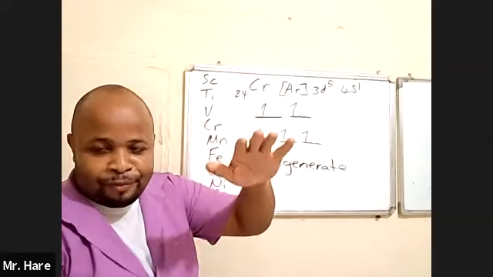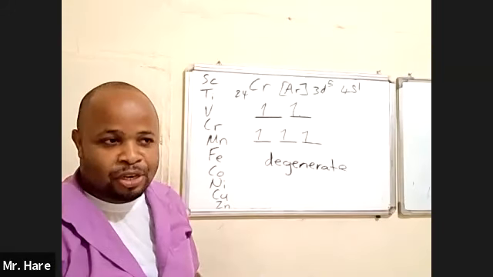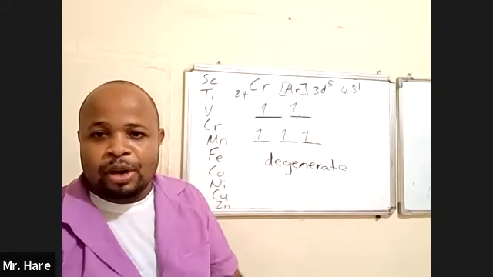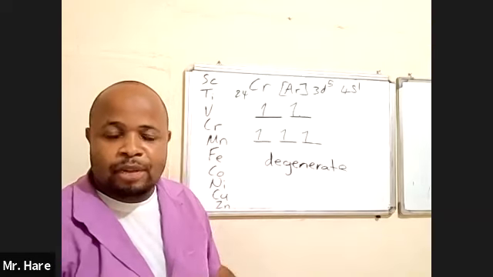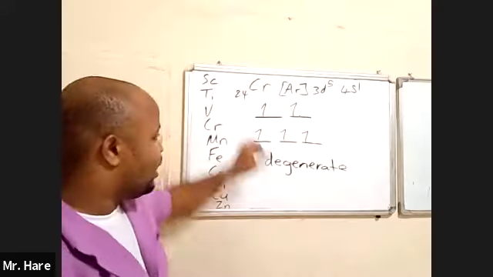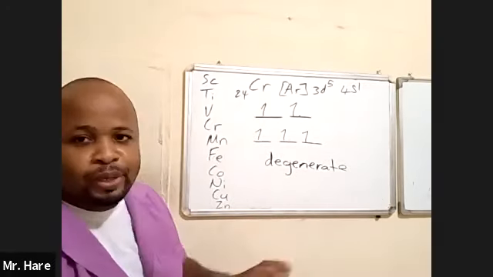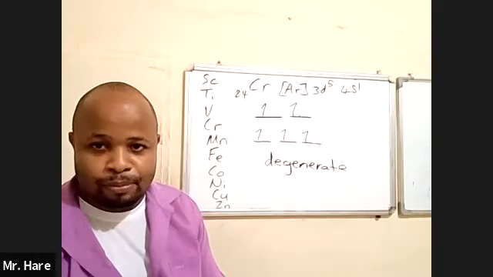There are different energy gaps in each transition metal. That is why chromium can be orange and manganese can be purple. The energy differences between the gaps are not the same.